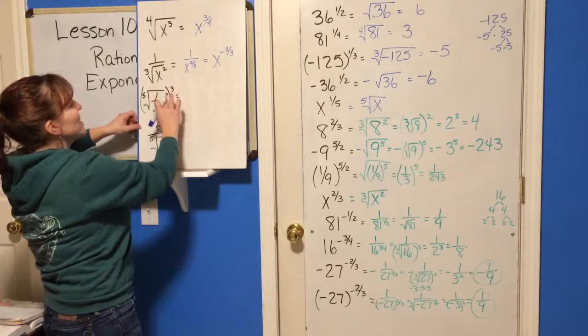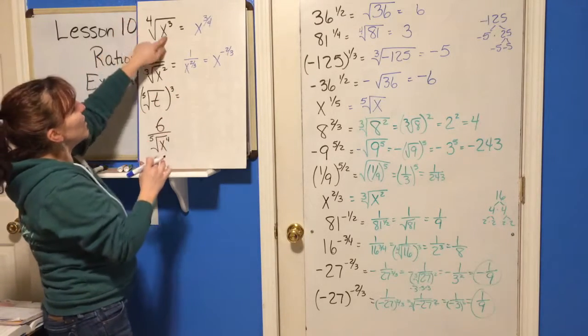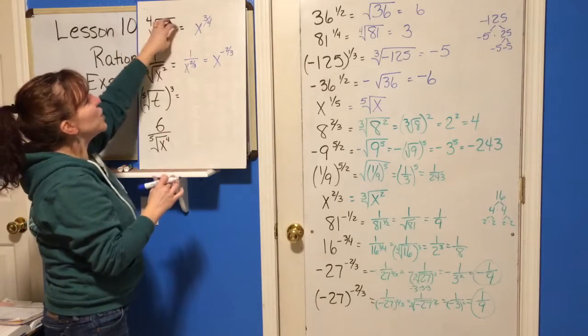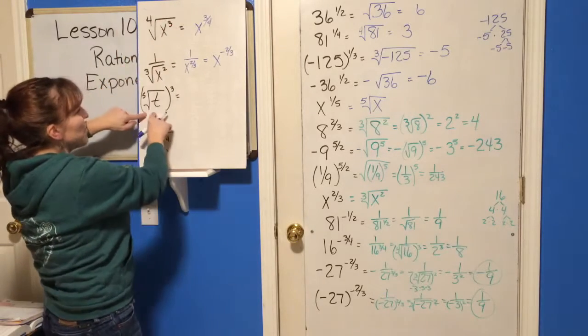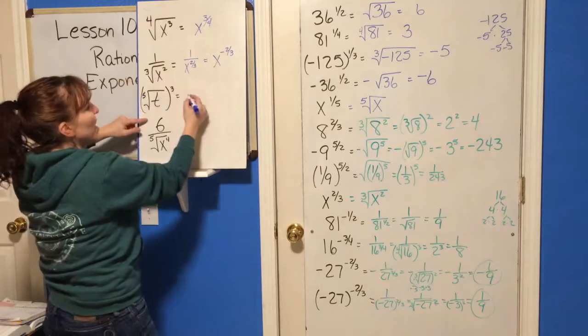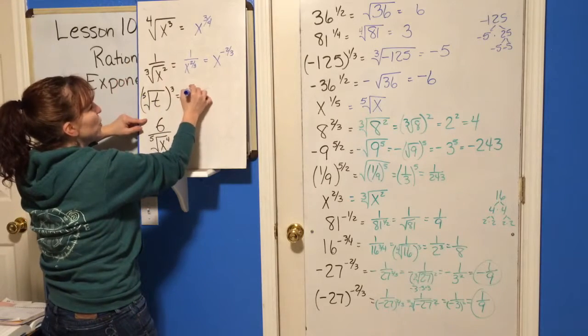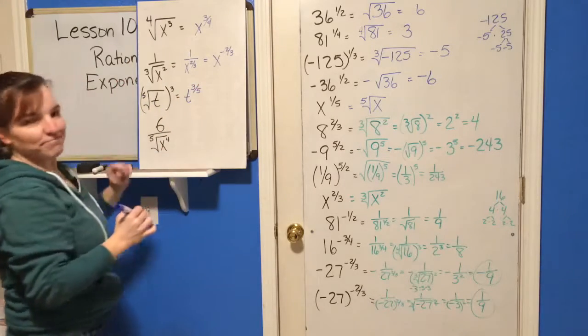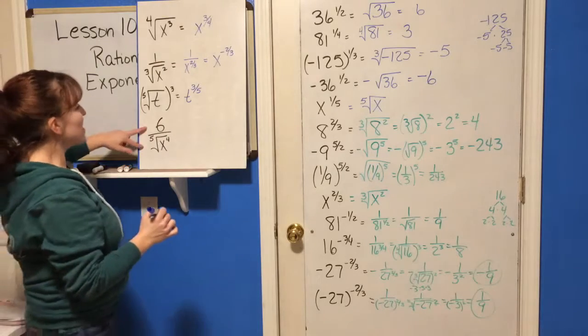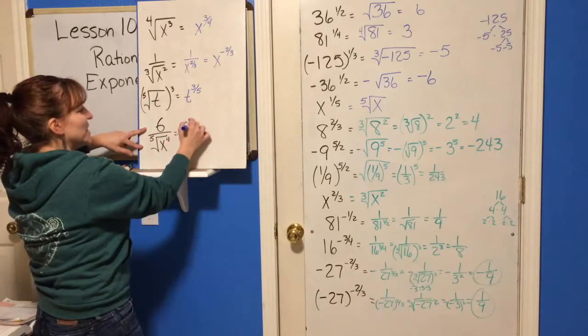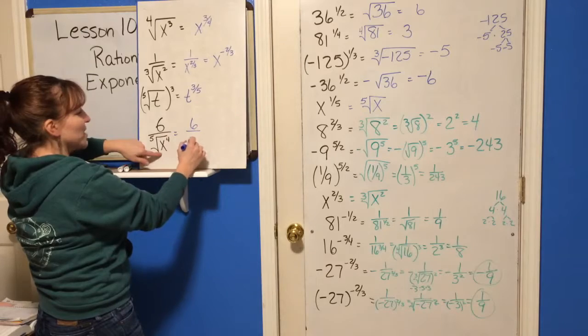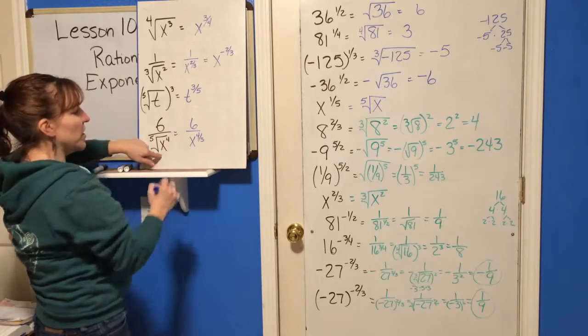In this case, remember that if the exponent is under the root, it's the same thing as if it was on the whole thing. So this is t to the 3/5 power. And this is going to be 6 over x to the 4/5 power.